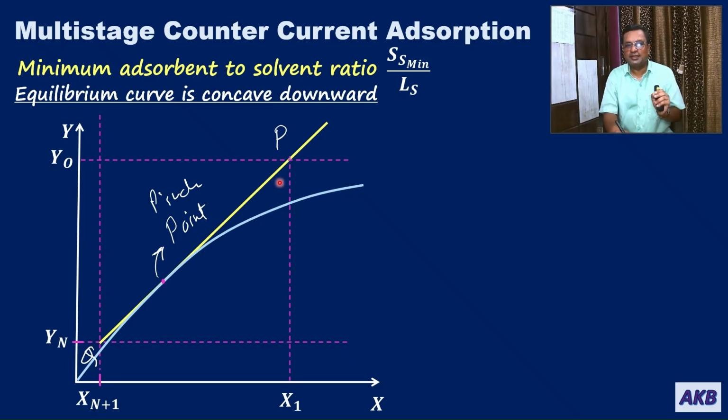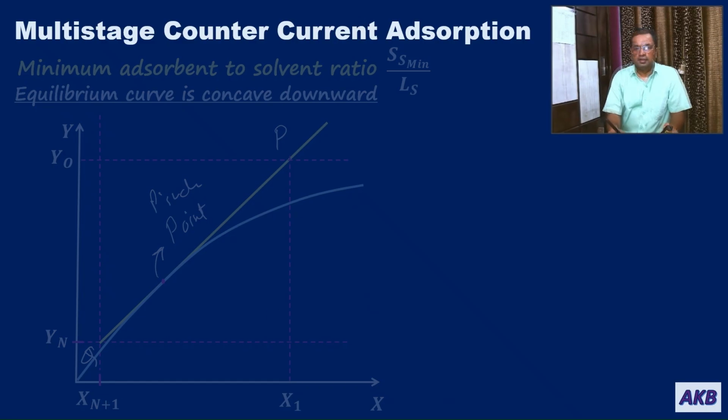Find the slope of the line. The slope of the line is nothing but the minimum adsorbent to solvent ratio. I will be solving some numericals that will tell you how to get the minimum adsorbent to solvent ratio, in my coming videos.